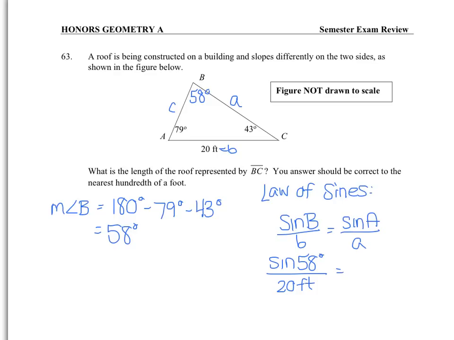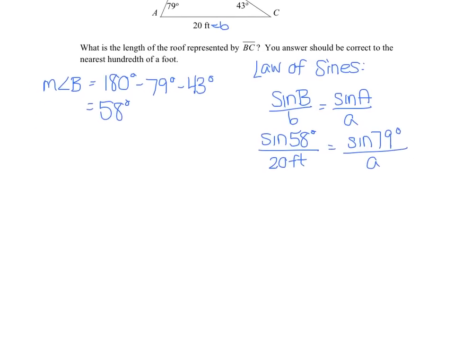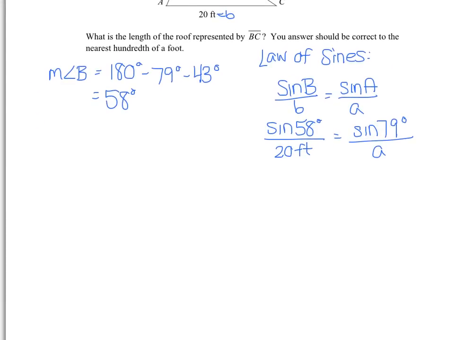And sine of A is sine of 79 degrees, and I want to find side A. So I'm going to cross multiply, and I'm going to get A times the sine of 58 degrees equals 20 times the sine of 79 degrees.